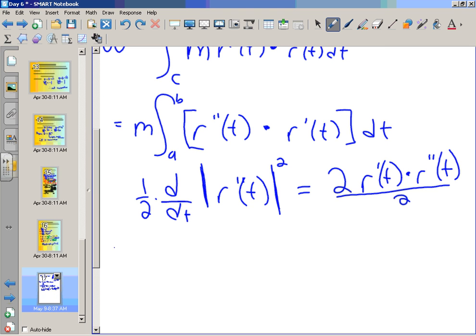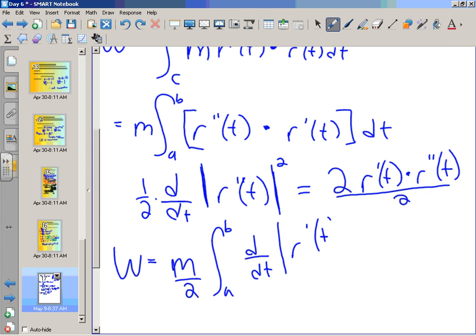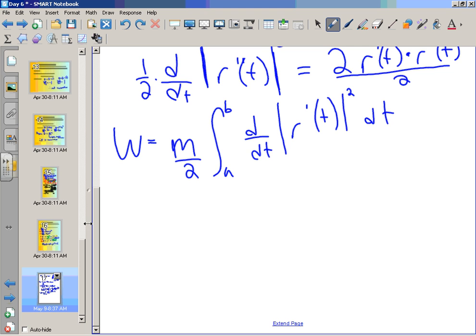And so this work then is going to be equal to m over 2 times the integral a to b of d/dt of the magnitude of r prime of t squared dt. But we have the integral with respect to t of the derivative of a function with respect to t.